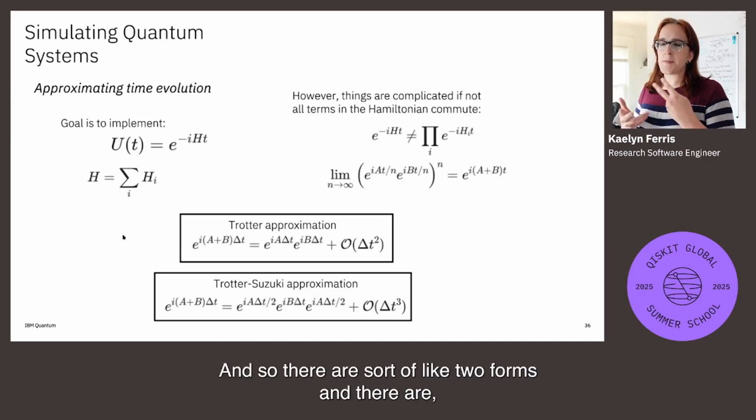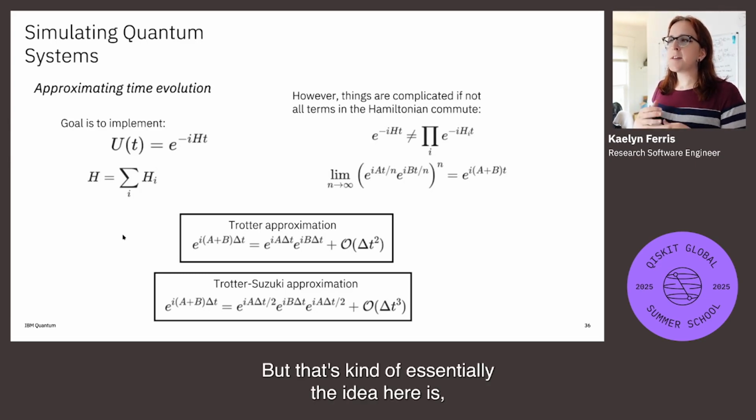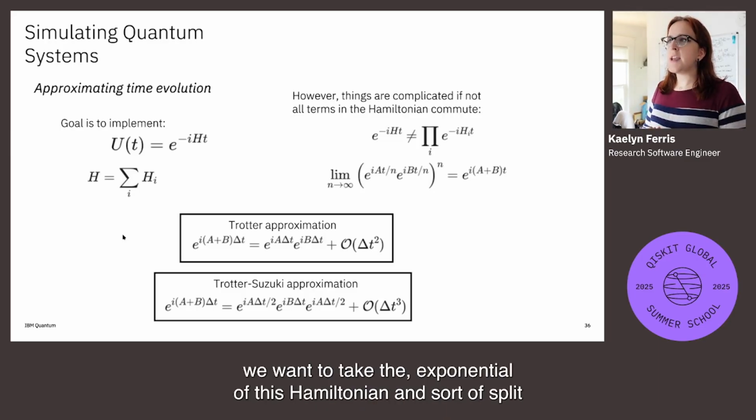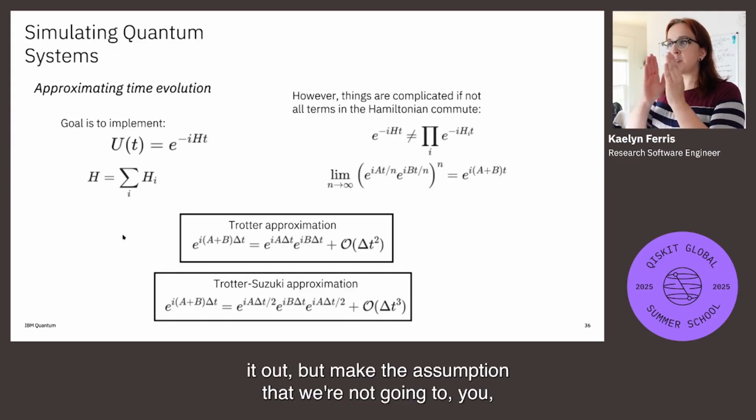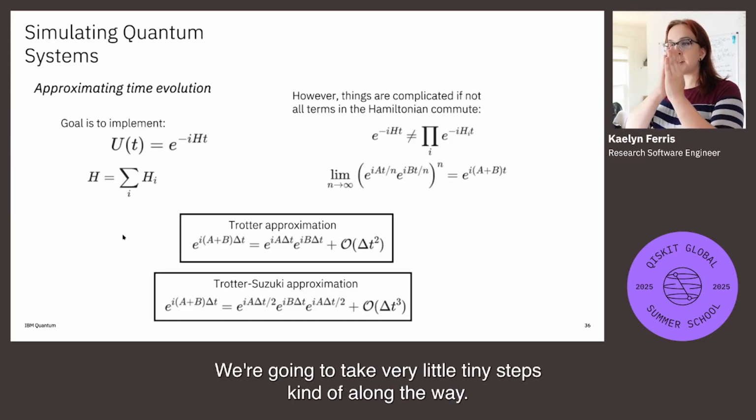There are two forms, and there are higher order approximations that you can do that are related to this. But that's essentially the idea here: we want to take the exponential of this Hamiltonian and split it out, but make the assumption that we're not going to take the splitting out and try to evolve the entire time. We're going to take very little tiny steps along the way.